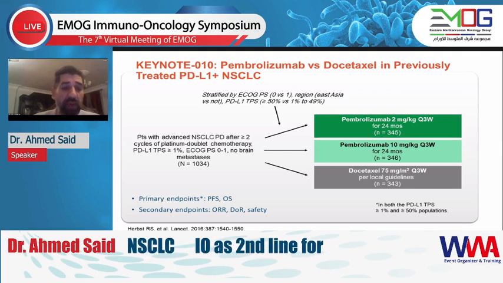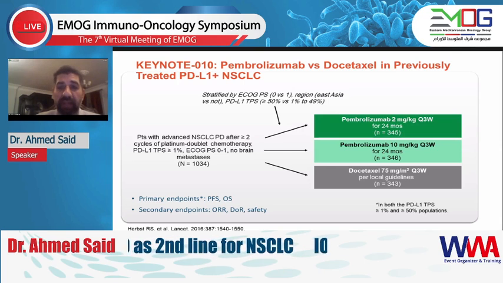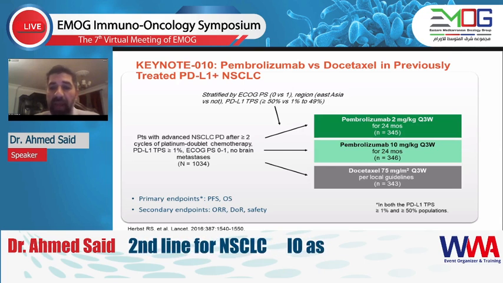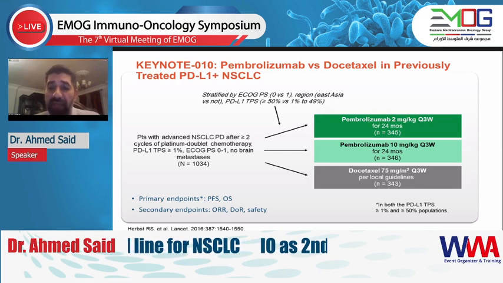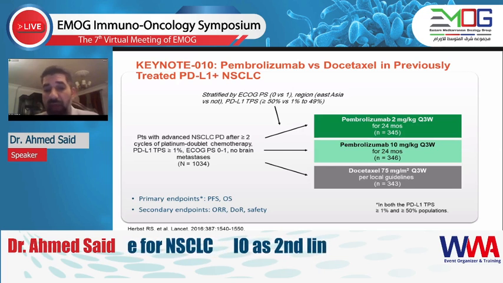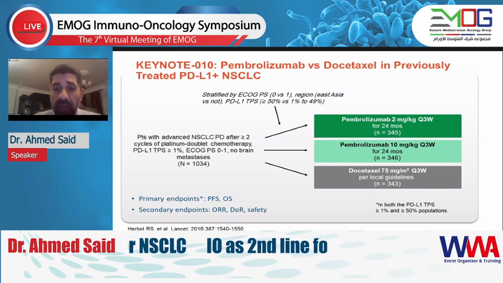The primary endpoints were progression-free and overall survival, and secondary endpoints were overall response, duration of response, and safety. But remember, pembrolizumab was given in patients having PD-L1 status of more than or equal to 1, not the negative ones.